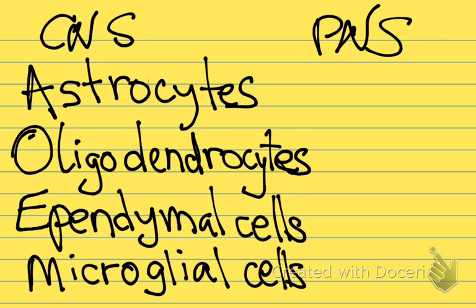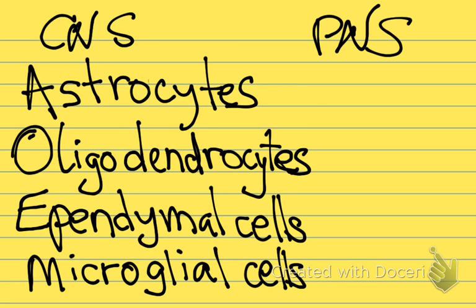Ependyma means coat. So the ependymal cells are going to coat, that is, line the cavities of the brain and spinal cord. Tell me, of these 4 kinds of cells, which one do you think is the smallest? That would be the microglia.